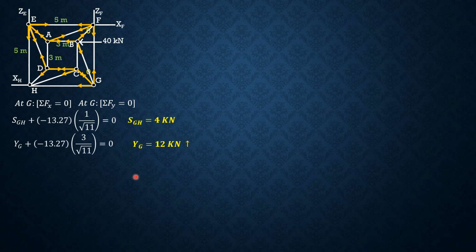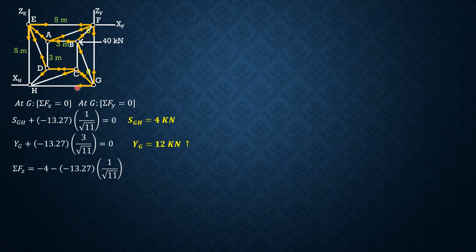Then let's check, because everything is found, let's check if summation forces along Z is 0 at G. Going forward is positive, SFG is negative 4, or positive 4 but in the negative direction, so negative of 4, then minus SCG, which is negative, so minus negative 13.27 times 1 over square root of 11.